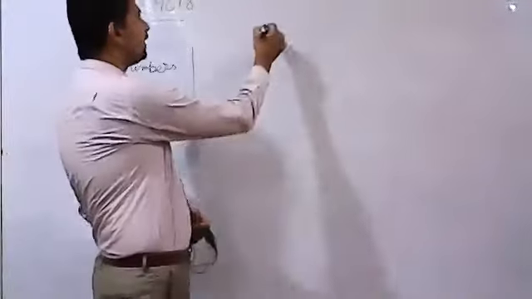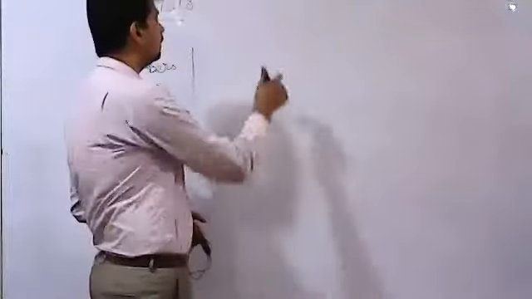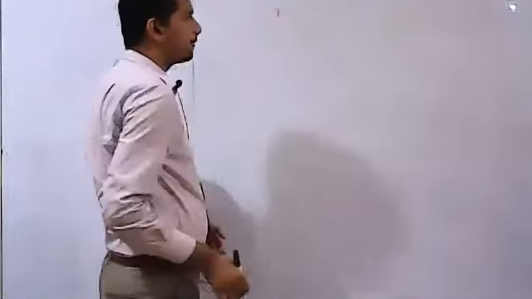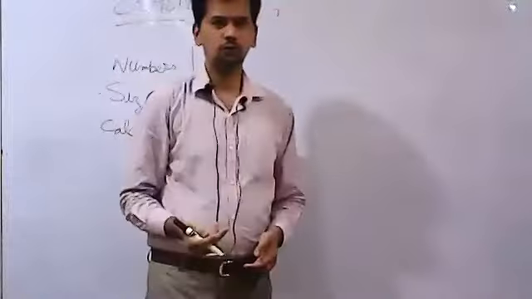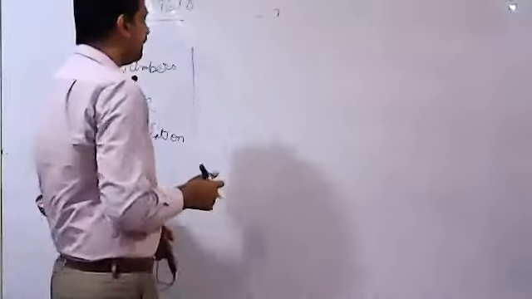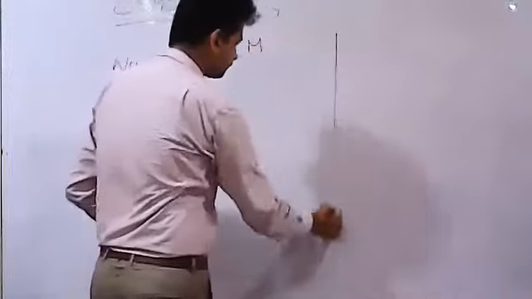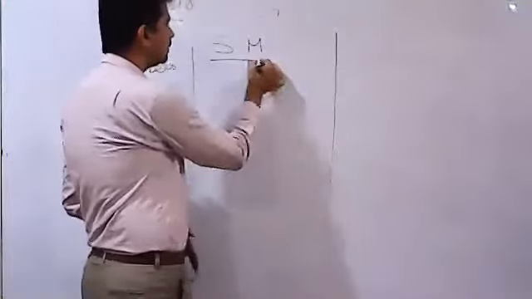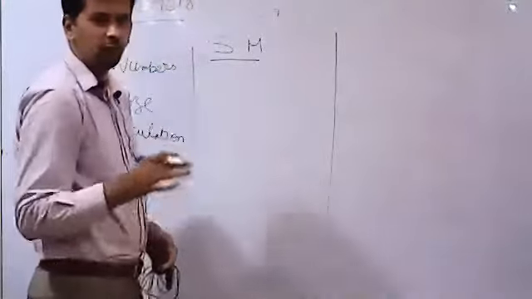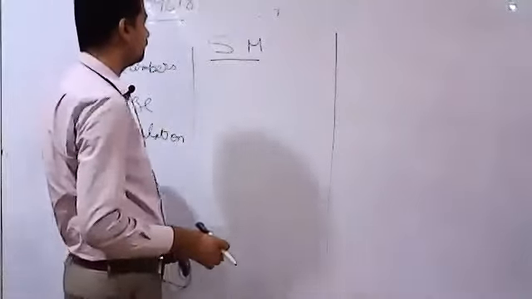If I'm representing -7, there are two ways to actually do it. One is called the sign magnitude method and the other is called the complement method. In the sign magnitude method, what we do is we actually reserve one bit for sign and the rest of the bits for the magnitude of the value.